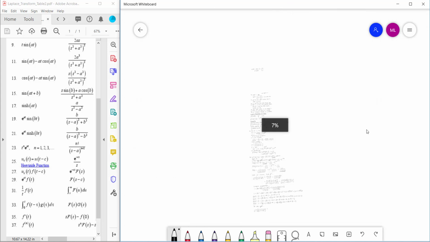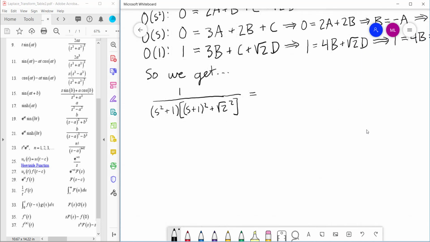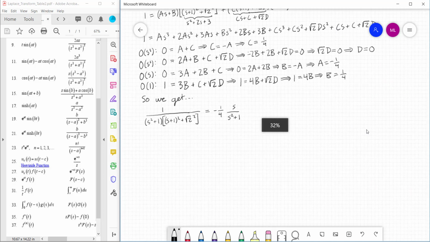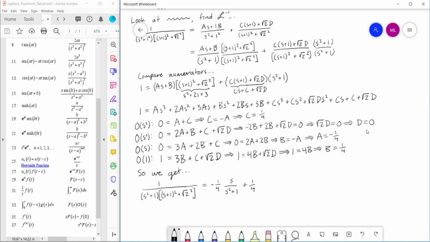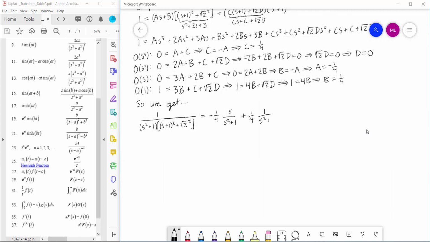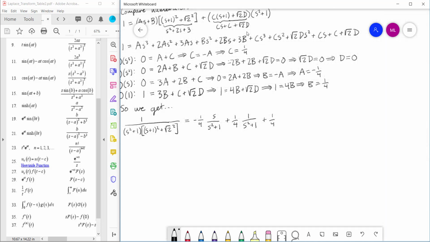So negative 1/4 times s over s squared plus 1, so there's one of them, plus 1/4 times the b term, which was just 1 over s squared plus 1, plus 1/4 times the last one, the c term, s plus 1 over s plus 1 squared plus root 2 squared. And the last one was 0, so we don't need that last term.